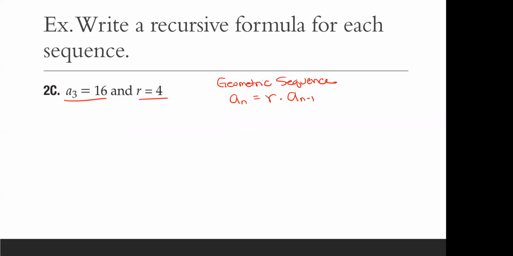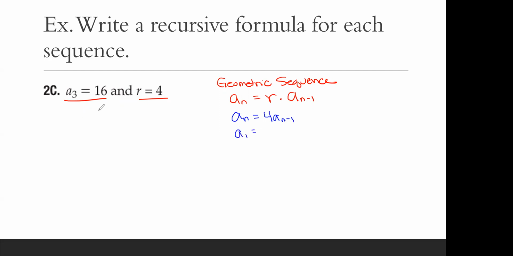Okay, so I plug in the common ratio. So a sub n equals 4 times a sub n minus 1. So that is my formula, but I also need the first term, okay?